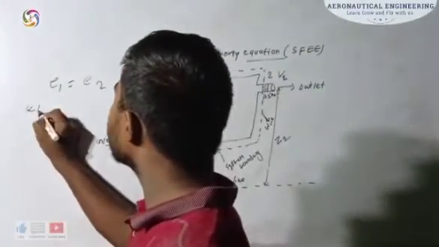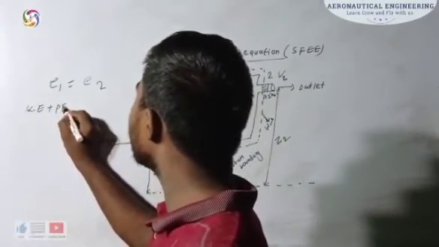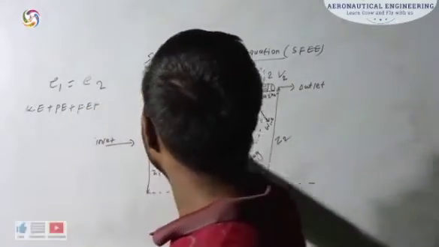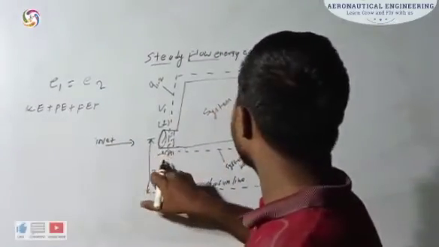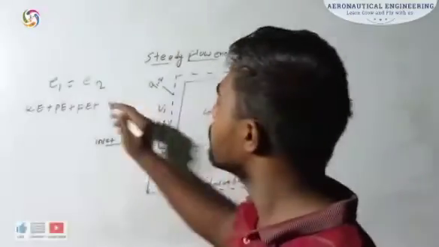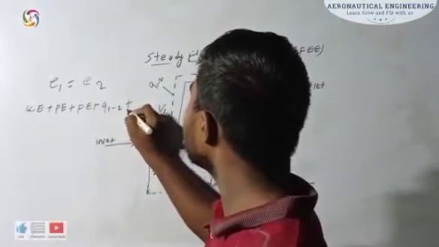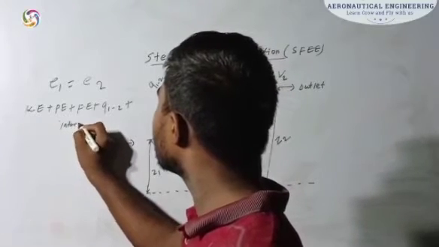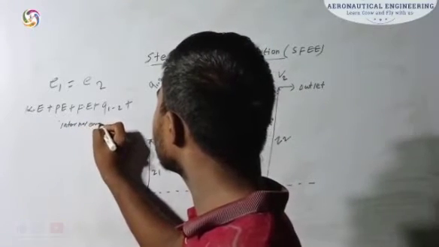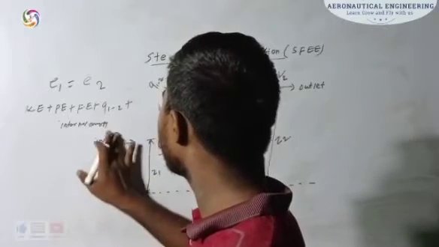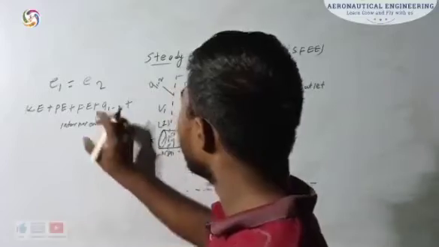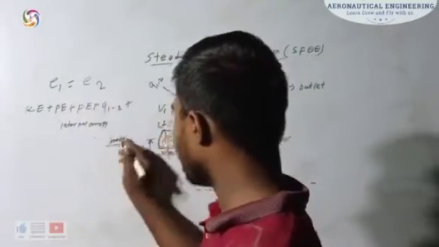So kinetic energy plus potential energy plus flow energy plus heat exchange between the inlet and outlet of the system, Q12, plus internal energy for the inlet of the system.